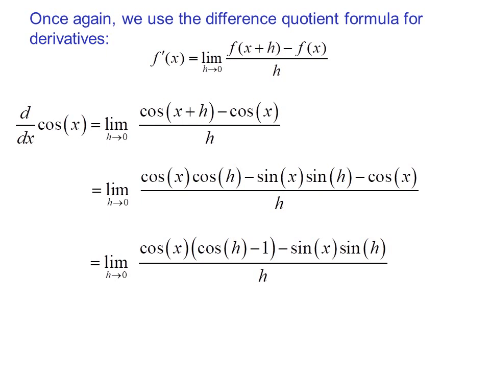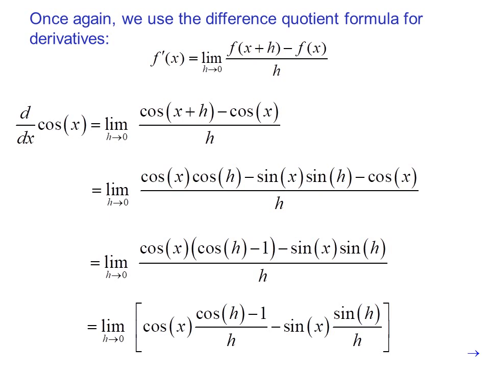Now we factor out cosine x and get the limit as h goes to 0 of cosine x times cosine h minus 1 minus sine x times sine h, all over h. We separate the fraction into two parts, and once again we see that we have familiar limits from earlier in the course.